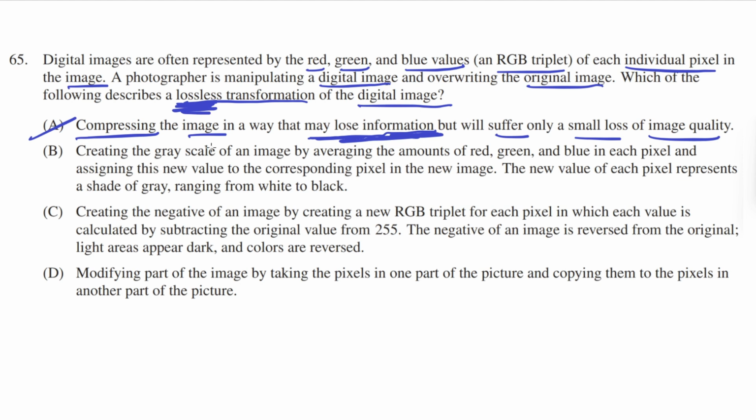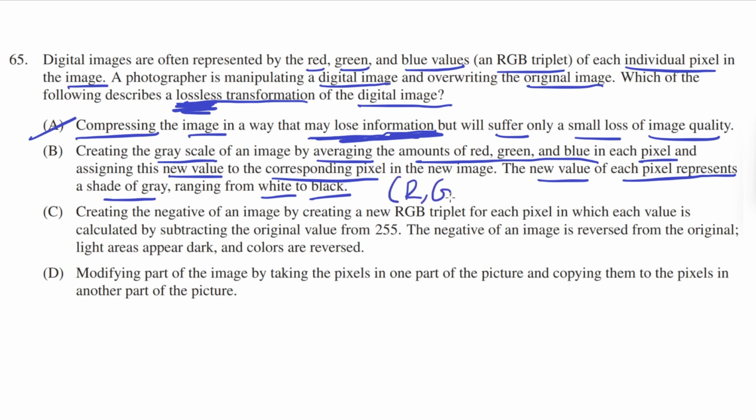B says creating the grayscale of an image by averaging the amounts of red, green, and blue in each pixel and assigning this new value to the corresponding pixel in the new image. The new value of each pixel represents a shade of gray ranging from white to black. So in answer choice B, what we're doing is changing the RGB values of each pixel, averaging those numbers together into one single value.